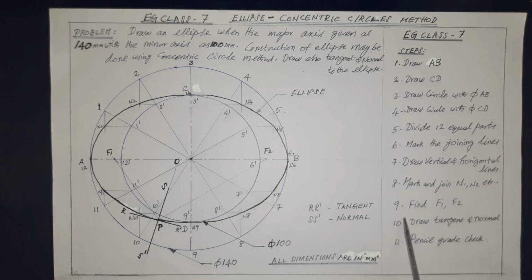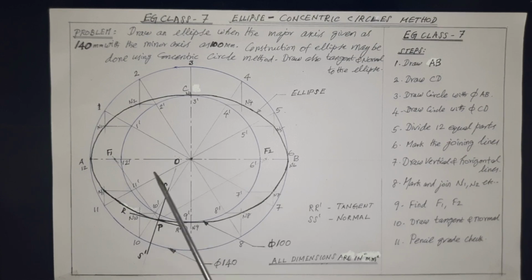Next, we have to do the work of tangent and normal to the ellipse. For this, first we have to find out the focus F1 and F2 as given in step number 9. First, the focus point or foci. Foci is nothing but the plural of focus, to be decided and marked.